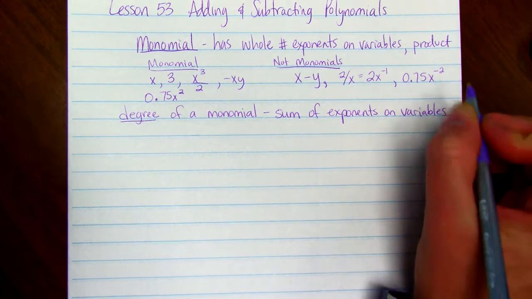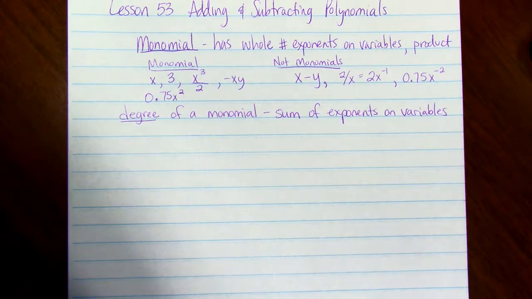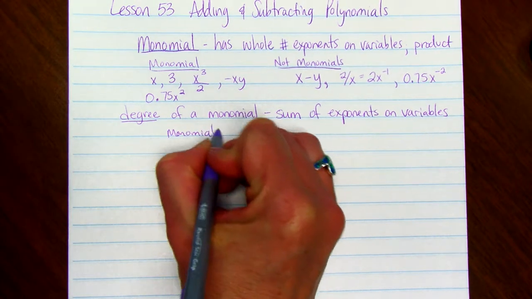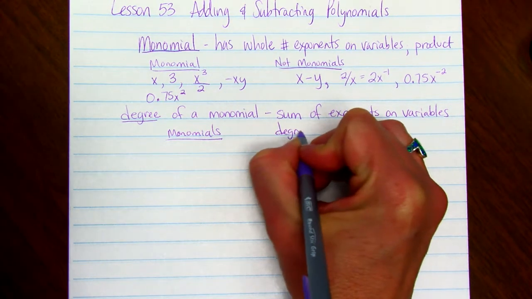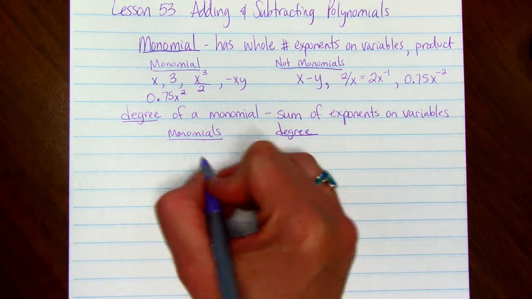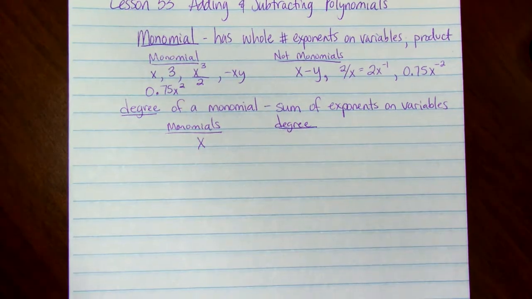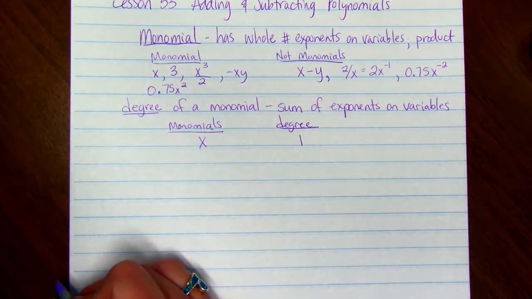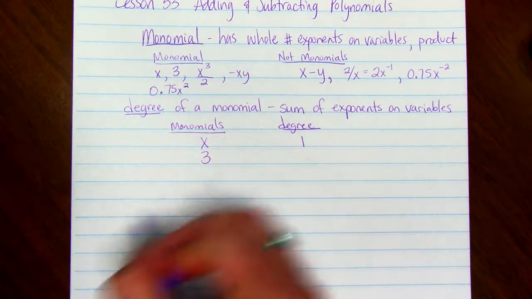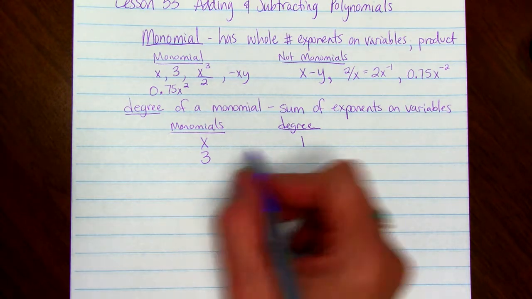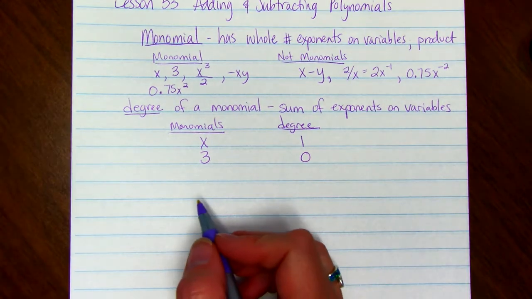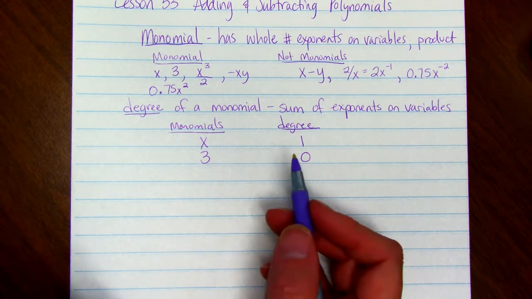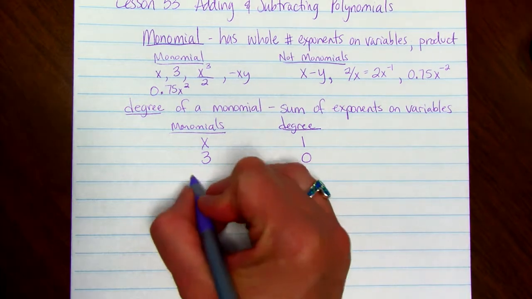We're going to list some monomials, and then list the degree of those monomials. If we just have x, the exponent on x is 1, so the degree is 1. If we had the number 3, the degree is 0 because the exponent on x is 0. Anything to the 0 power is 1. 3 times 1 is 3, so the degree is 0.